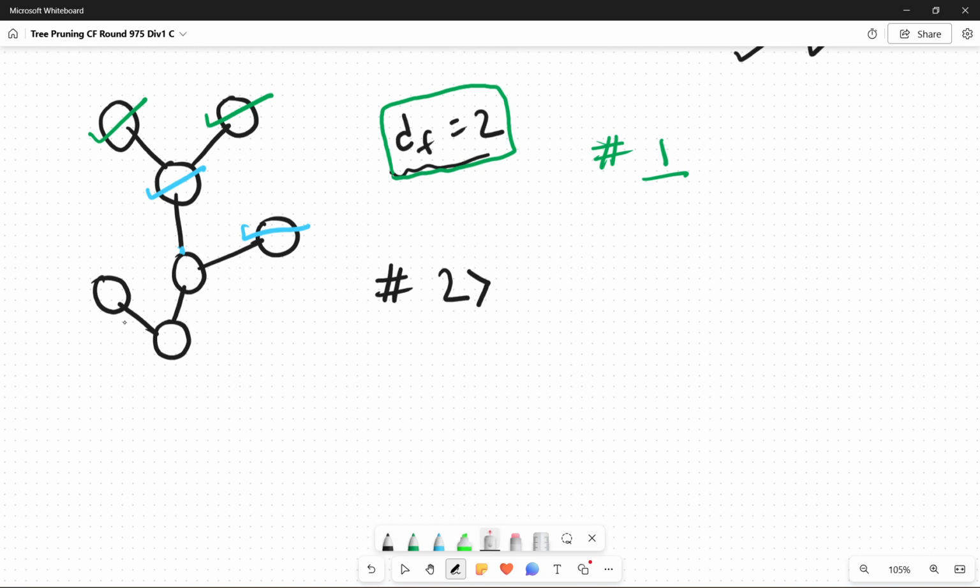So think about this. This node is going to be removed, right? But this node is surviving, right? Why is it surviving in this process?